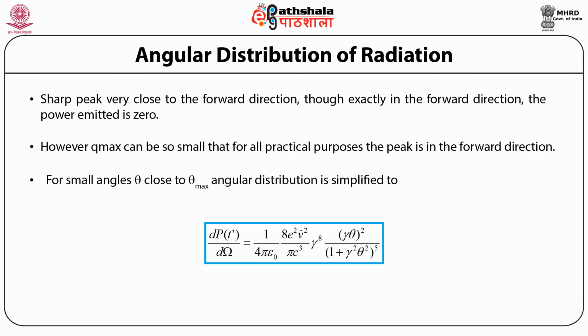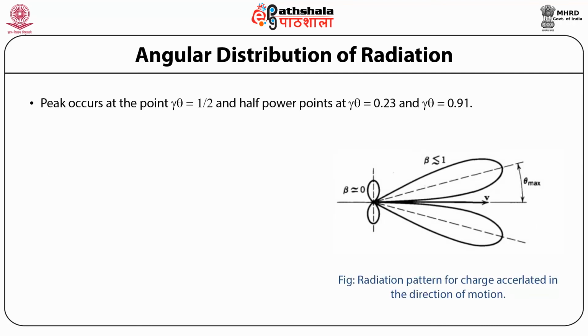So for small angles theta close to theta max, the angular distribution is simplified to dP(t')/dΩ equals 1 divided by 4 pi epsilon naught into 8 e squared v dot squared divided by pi c cubed into gamma raised to power 8 into (gamma theta) whole squared divided by (1 plus gamma squared theta squared) whole raised to power 5. So the peak occurs at gamma theta equals half, and half power points at gamma theta equals 0.23 and gamma theta equals 0.91.